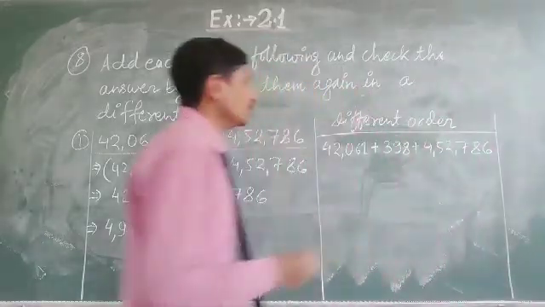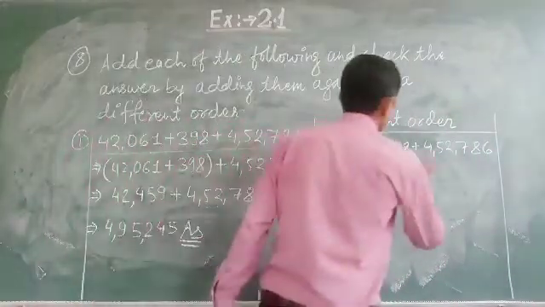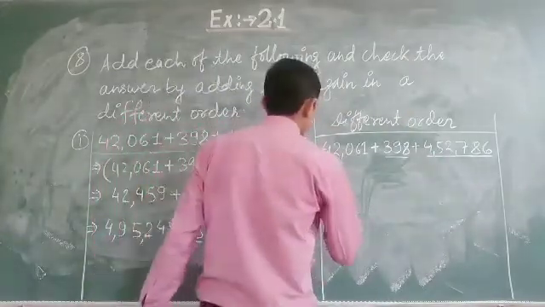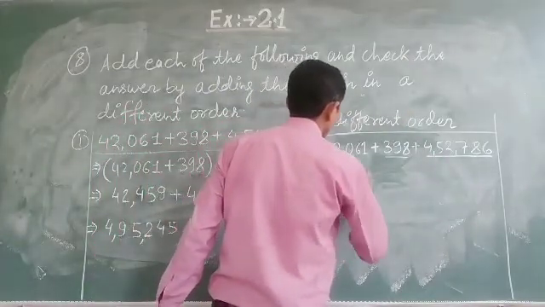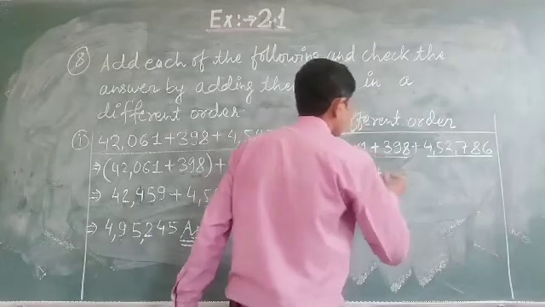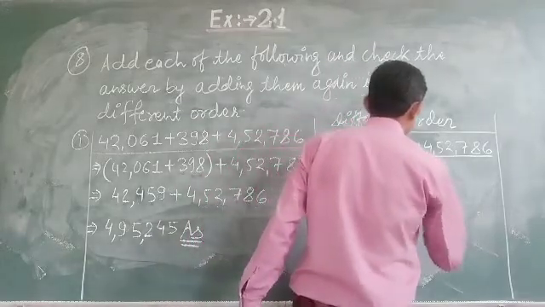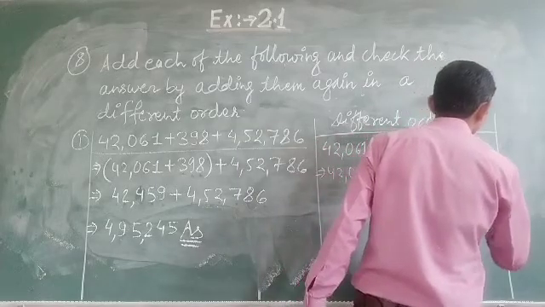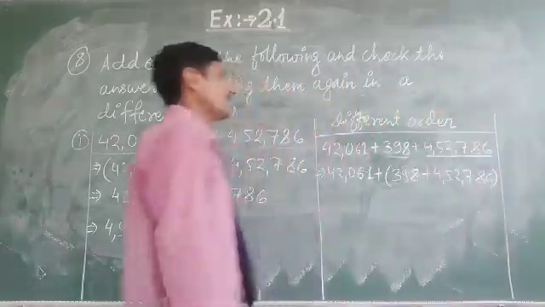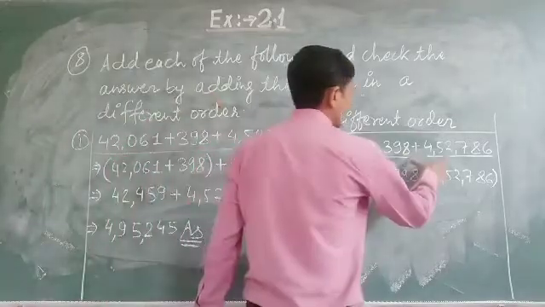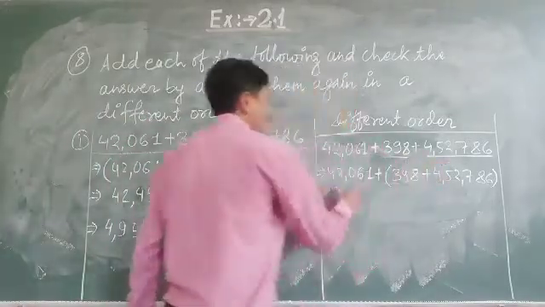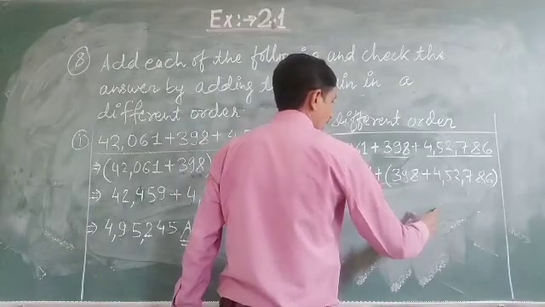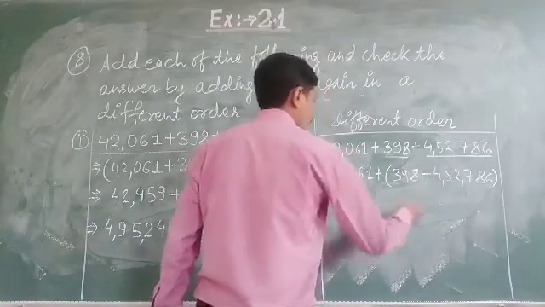Now we group these two in one bracket, that means 42061 plus 398 plus 4,52,786. So in this way, first of all we have to add these two, then the answer comes, and then we add this to the answer.